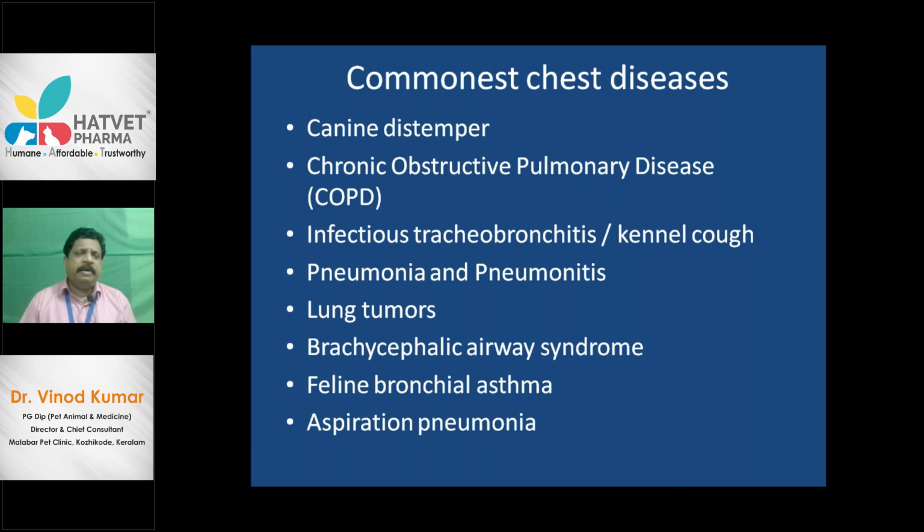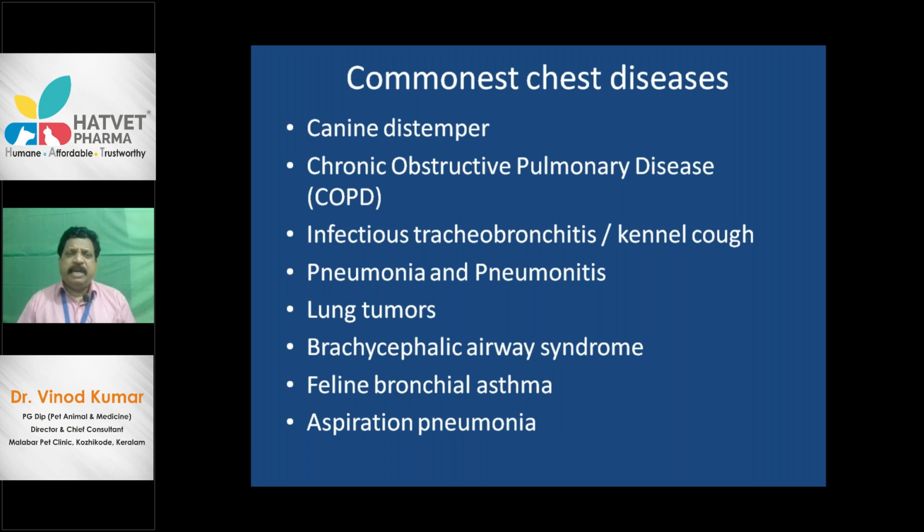Aspiration pneumonia is very common when we are drenching the fluid, maybe the dewormer or the liver tonic liquid, whatever be all those fluidy medicines. When drenching, forceful drenching can produce, especially in brachycephalic breeds, aspiration into the trachea, goes into the lungs and sometimes produce pneumonia.